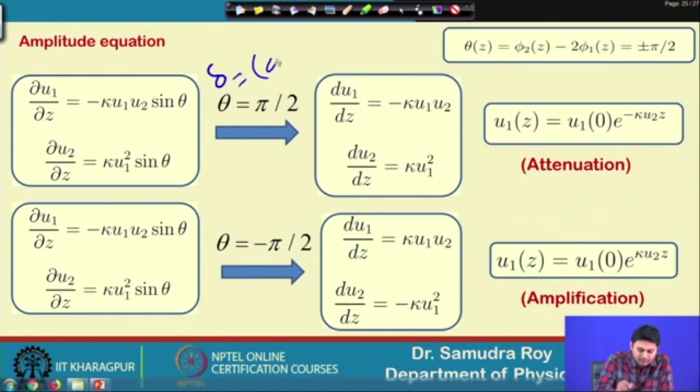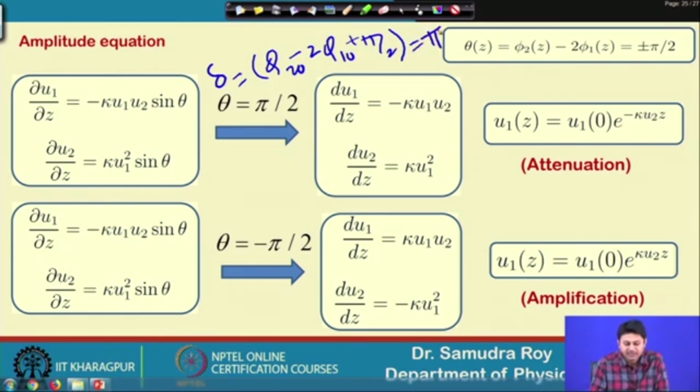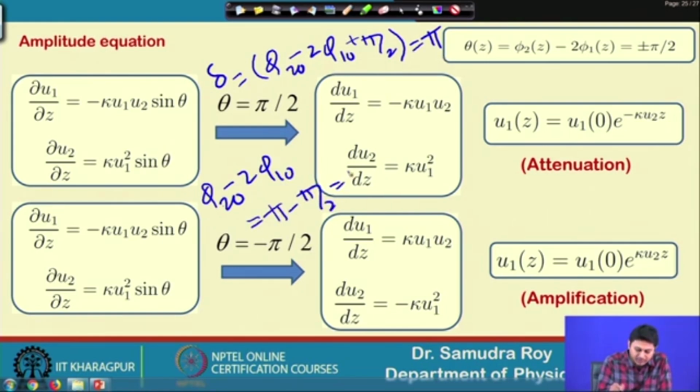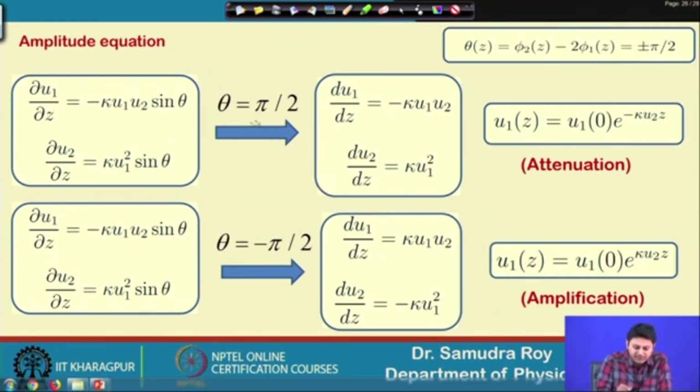Delta was phi 2 0 minus 2 phi 1 0, and then plus pi by 2, and we say if it is pi, then what value will we get from phi 2 0 minus 2 phi 1 0? This value is how much? Pi minus pi by 2. So, it is pi by 2. This quantity is our theta. So, eventually we will have theta equal to pi by 2, that means this term.